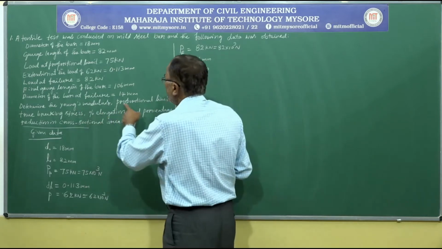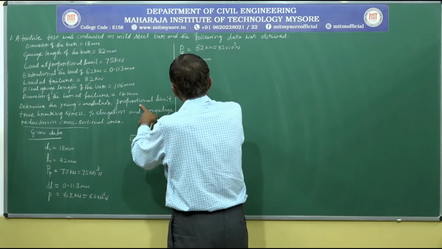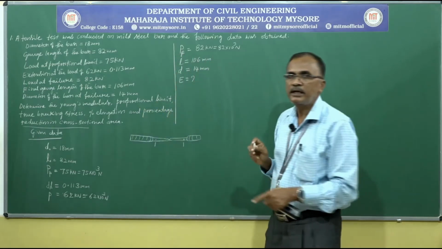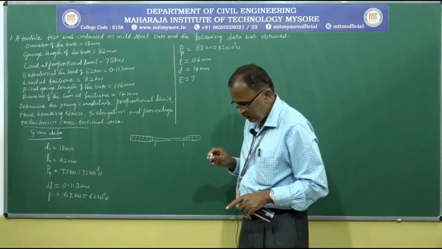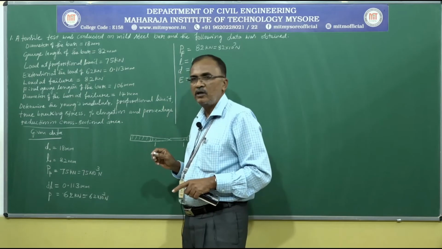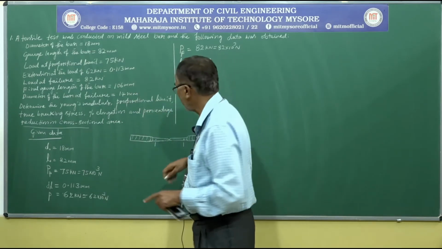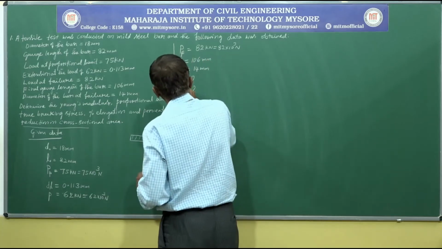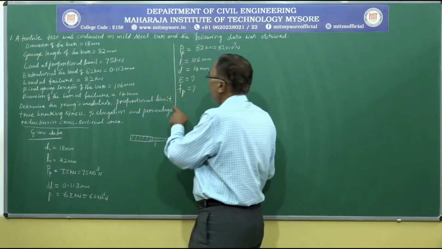Then determine the Young's modulus. We are asked to calculate Young's modulus. E is equal to question mark. Proportional limit can also be called elastic limit or permissible limit or allowable limit, and the stress corresponding to that limit we can call FP, where stress is designated as F and the subscript is P. FP is equal to question mark.